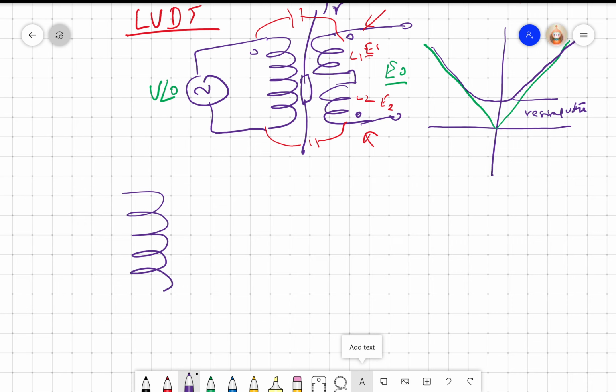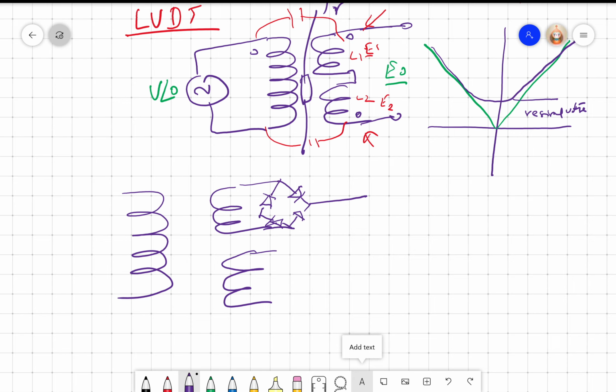Let's say this is my primary, this is one secondary, this is another secondary. I put a bridge rectifier here, right?